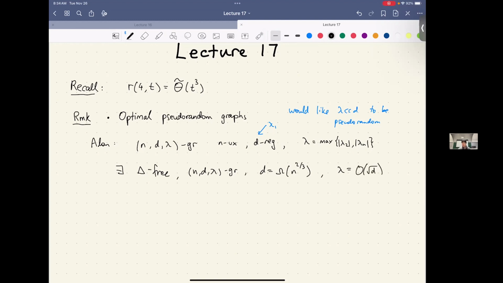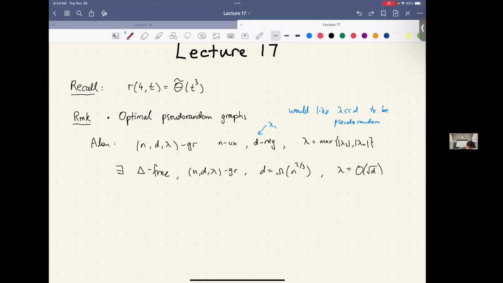We know that lambda cannot be smaller than some constant times square root d. So here we say it's at most some constant times square root d, which is optimal up to the constants. So this is a known result.